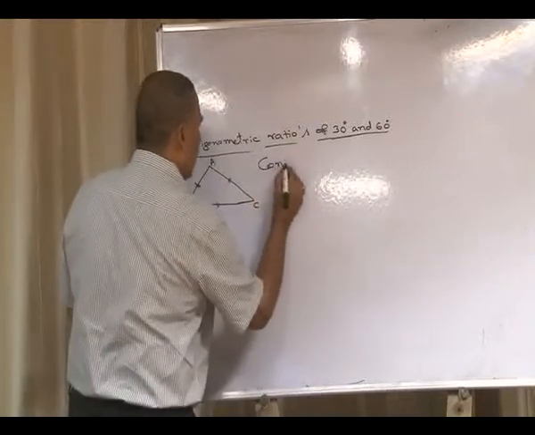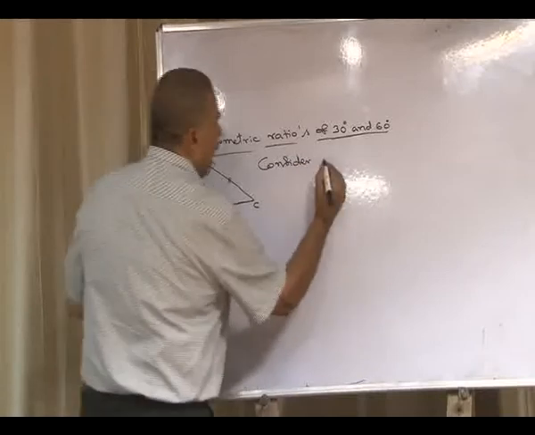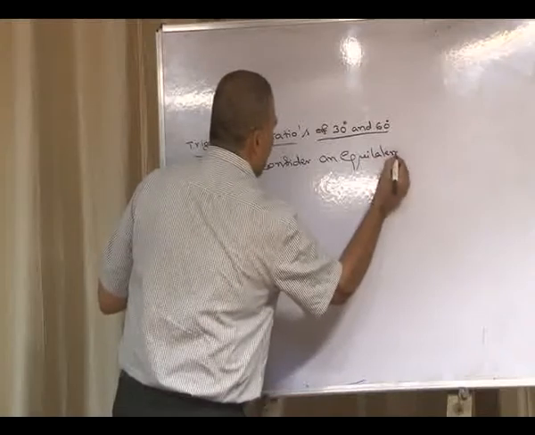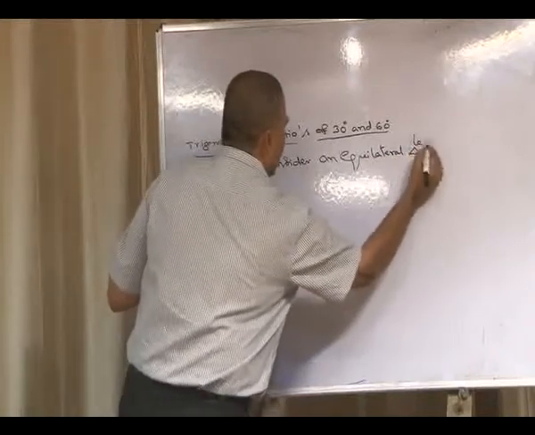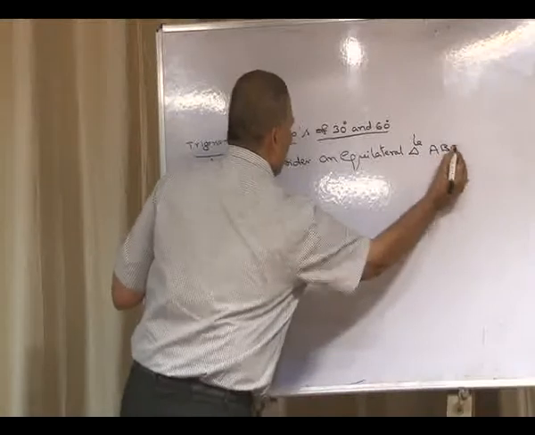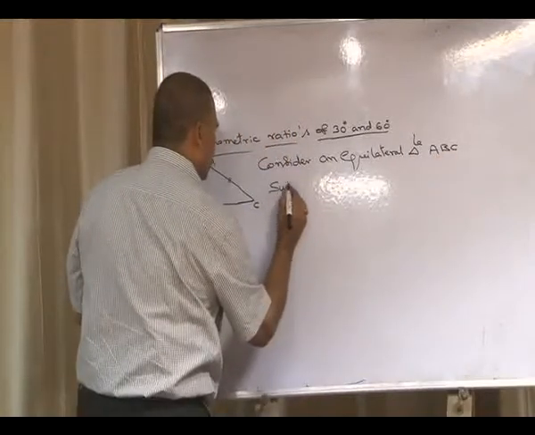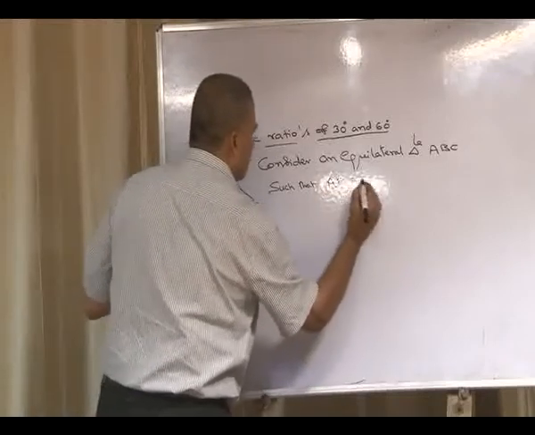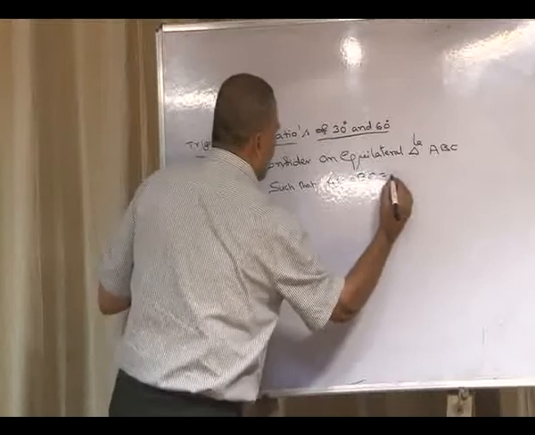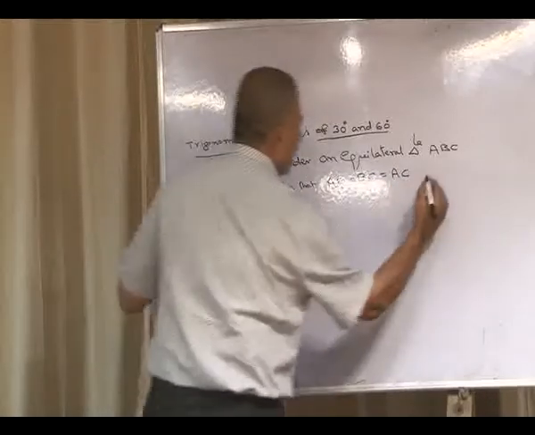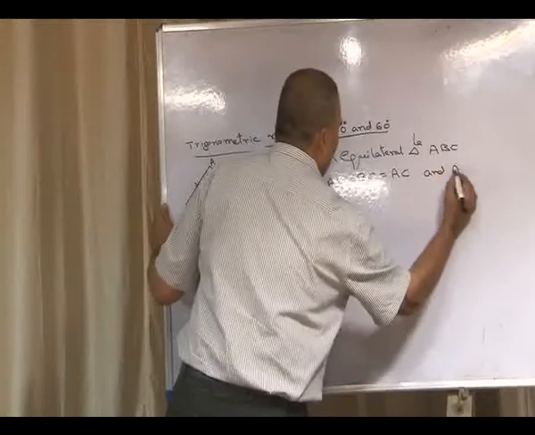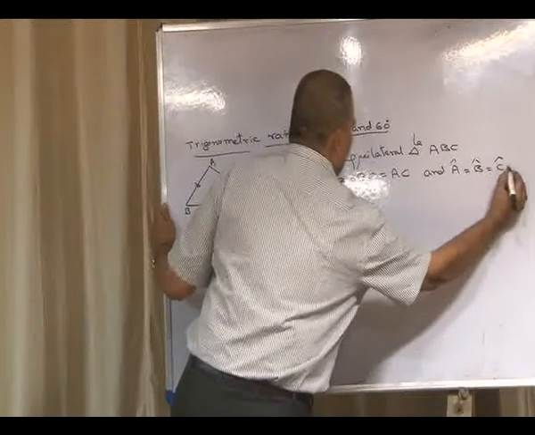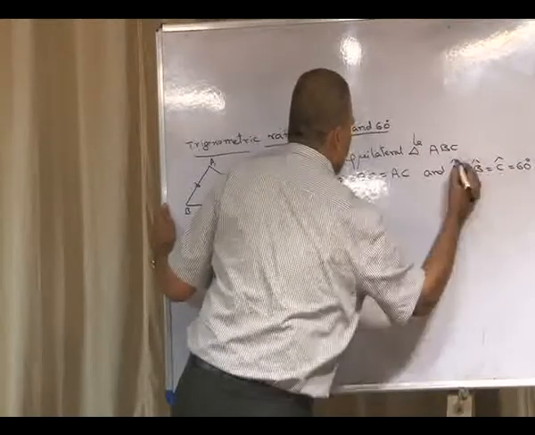Consider an equilateral triangle ABC such that AB equal to BC equal to AC, and angle A is equal to angle B is equal to angle C is equal to 60 degree.